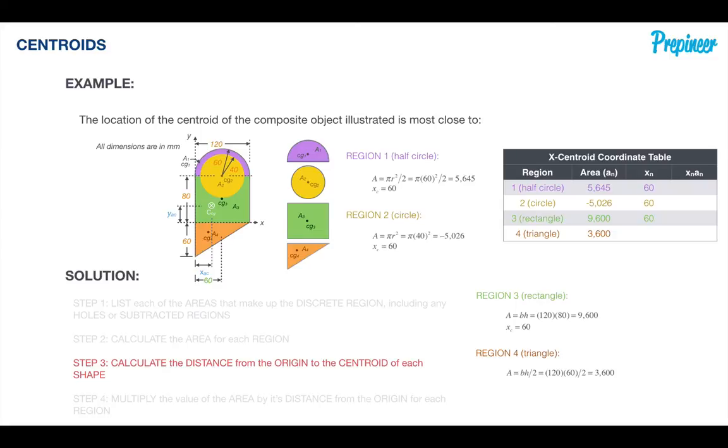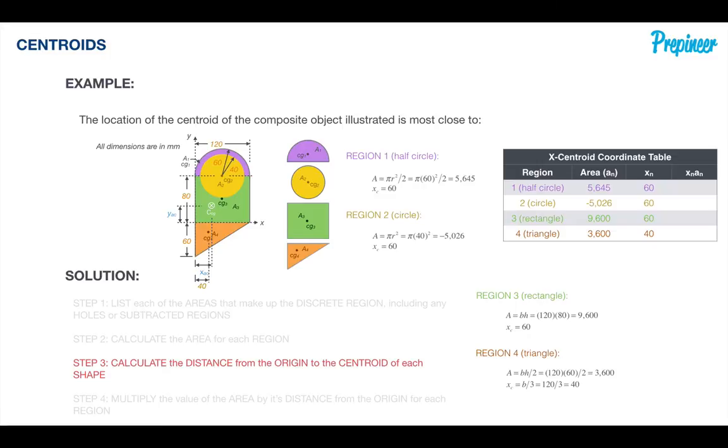Now our region 3, our rectangle, the x-centroid will fall at the halfway point of the base width, and this point is located at 60 millimeters as well. And finally, we've got our region 4, our triangle. This one is a little different from the others as its x-centroid coordinate is located at a third of its base width.